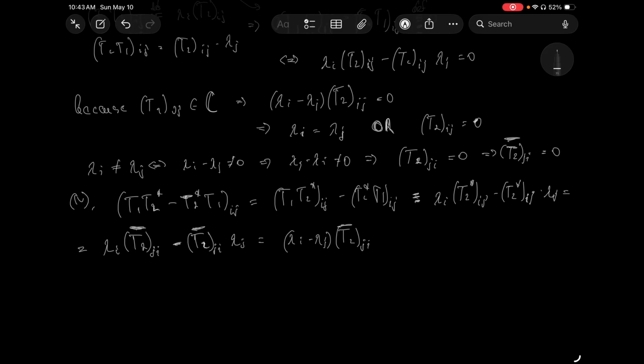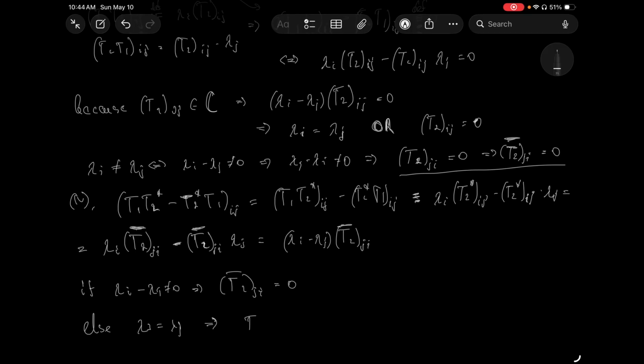And here we can see that if lambda i minus lambda j is not equal to 0, then as was shown above, the T2 conjugate transpose element equals 0. Otherwise, if i equals j, that means the conjugate of T2 ji times lambda i minus lambda j equals 0.